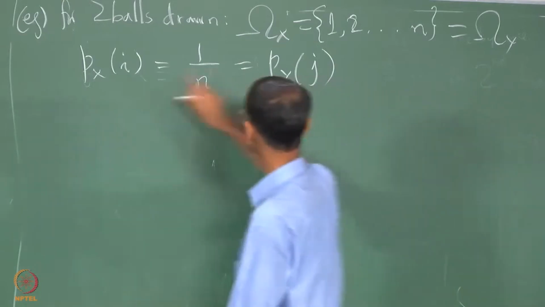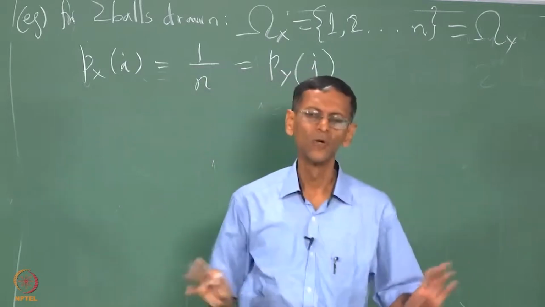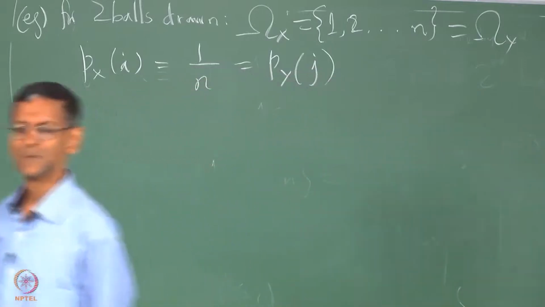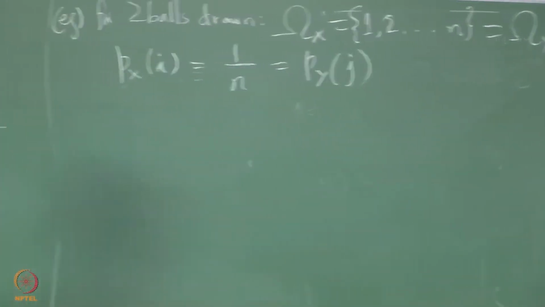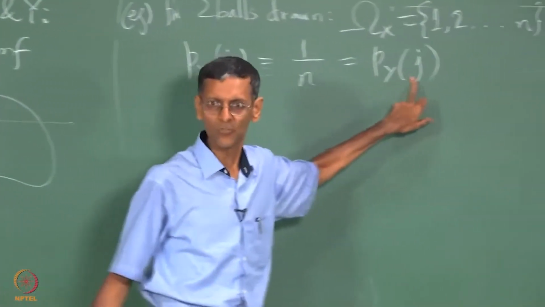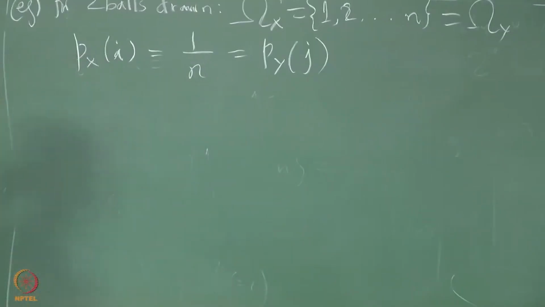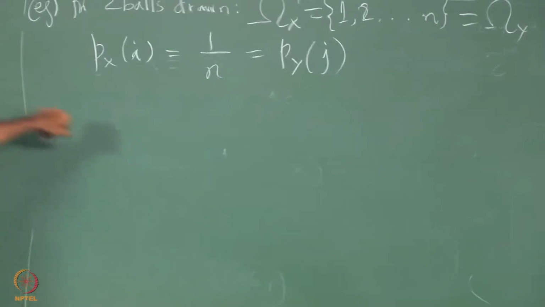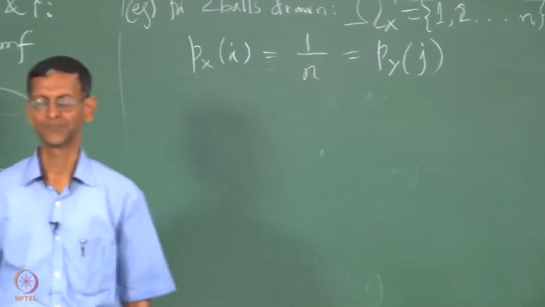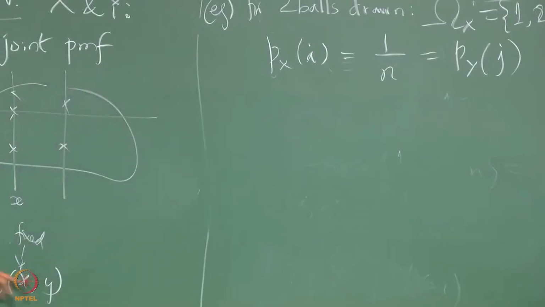Sometimes it is nicer to stick to the original notation ij, or xy, just to keep your thinking straight. There is no reason why, of course, I cannot use i here. I could use i there also, after all it is a dummy argument, but it is just better to stick to j here if you start out with Pxy of i comma j. And certainly it is convenient here to stick to y.